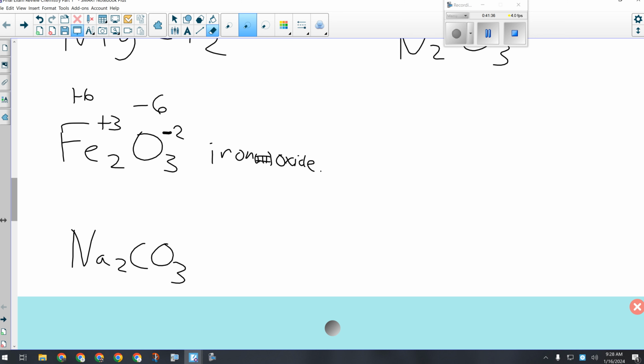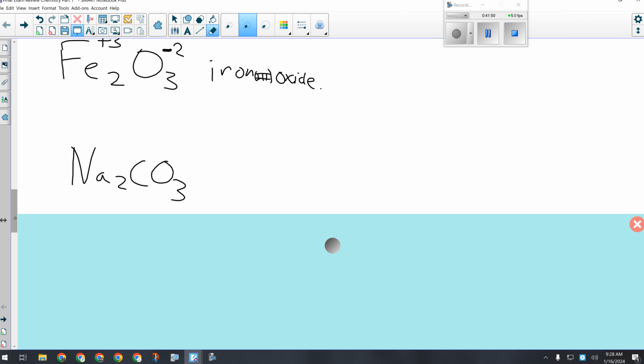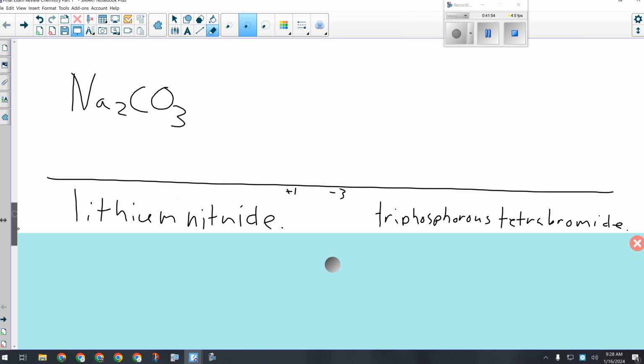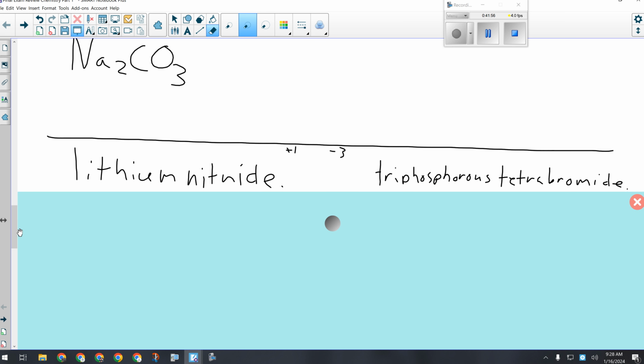What's that stuff? Sodium carbonate, right, it's got a polyatomic ion in it. So we name the metal first, and the polyatomic ion acting as a nonmetal second. Let's go the other way. What would the formula for that be?